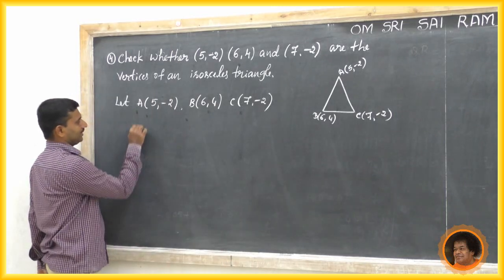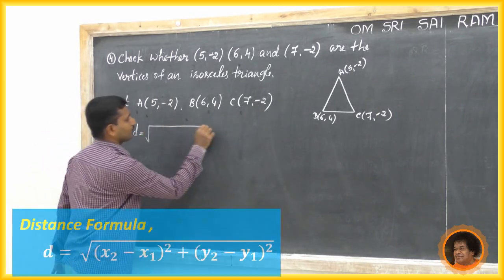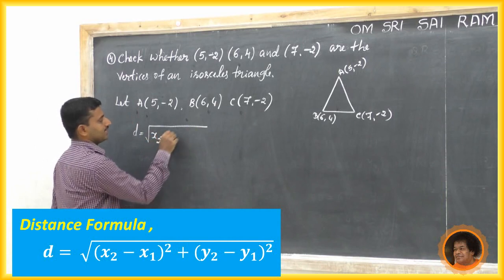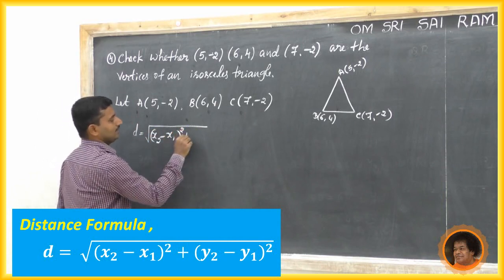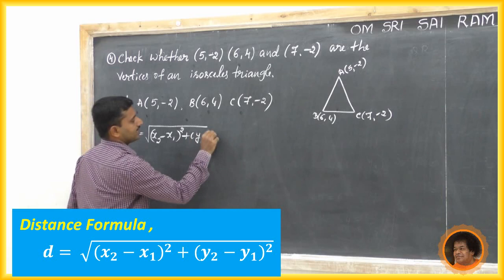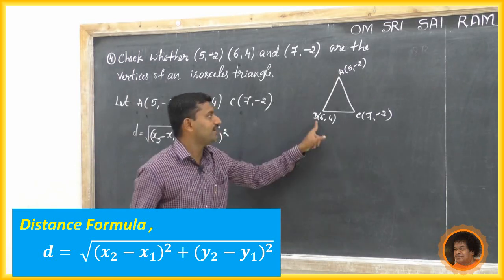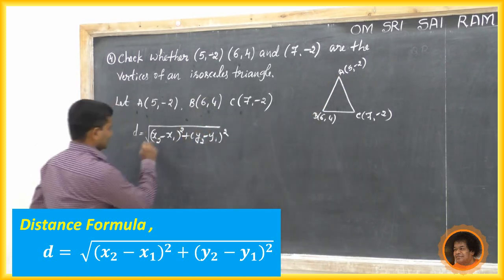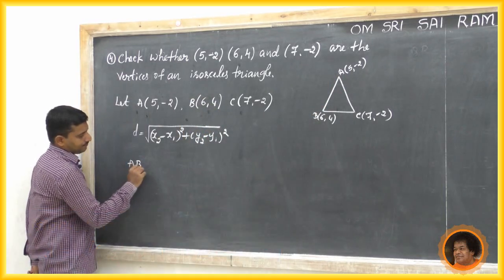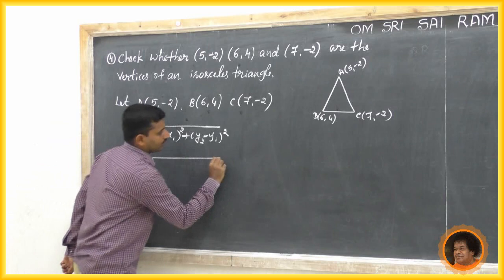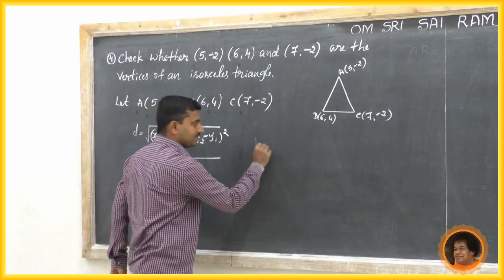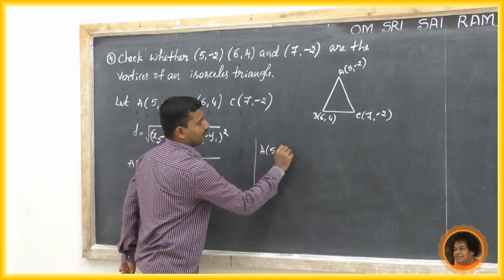The distance formula: D is equal to square root of (x2 minus x1) whole square plus (y2 minus y1) whole square. Now first find the distance between the points A and B, or AB. So distance AB is equal to square root of... The coordinates of the point A are (5, -2).